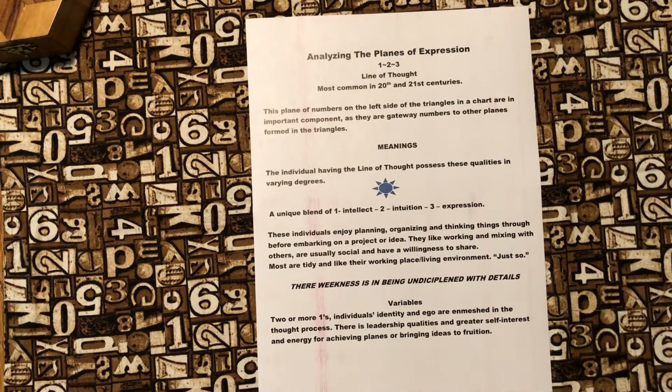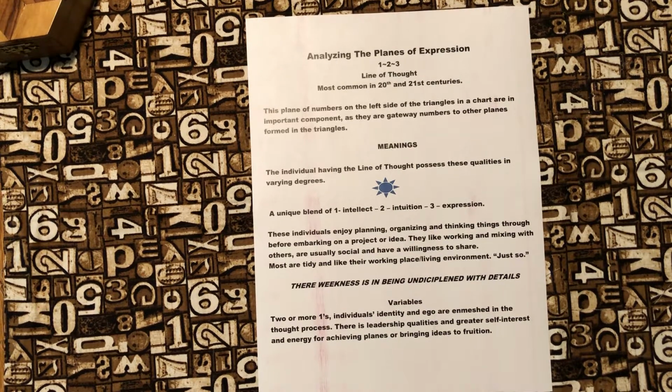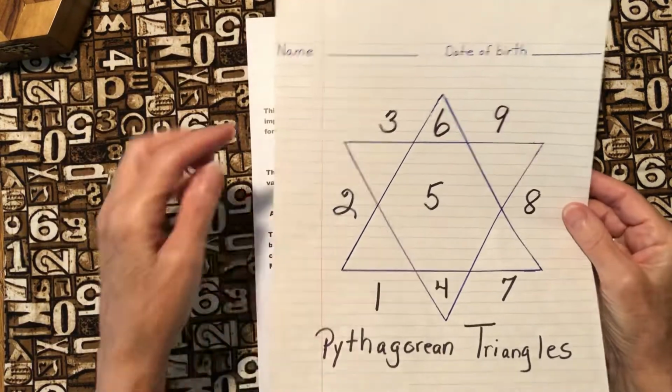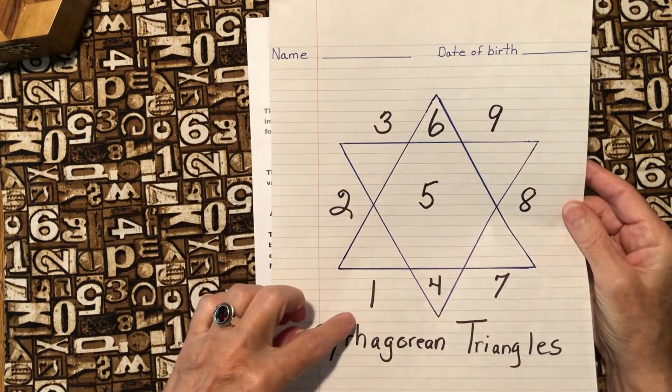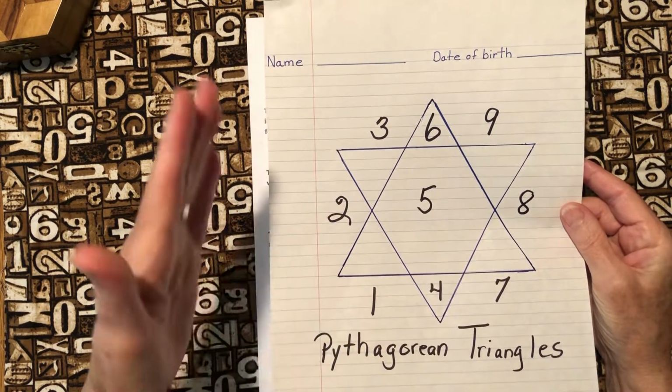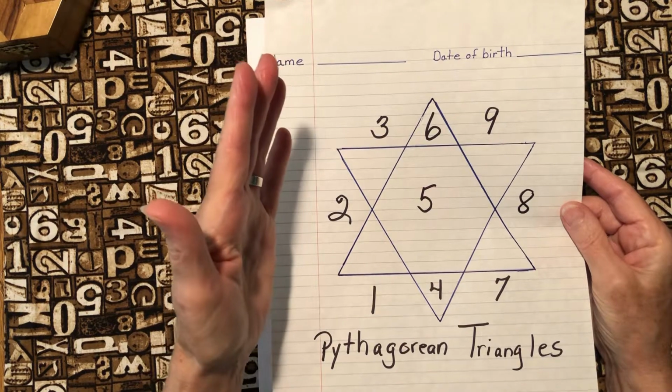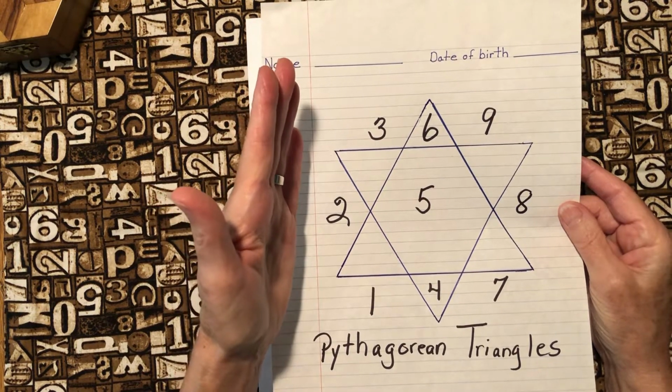This plane of numbers is on the left side of the triangle. Well, we were told that this side of the triangle is receptive, and it is of the feminine nature.